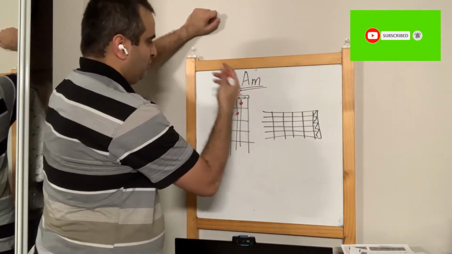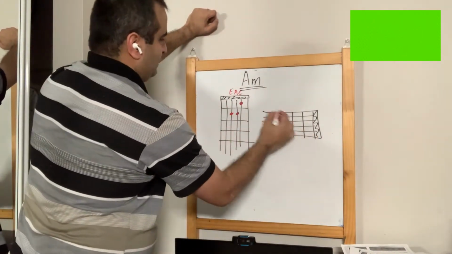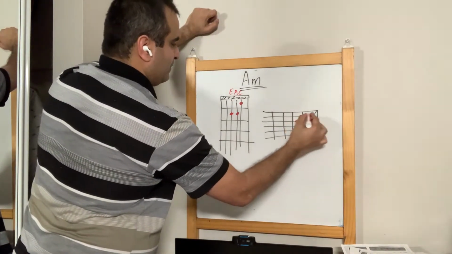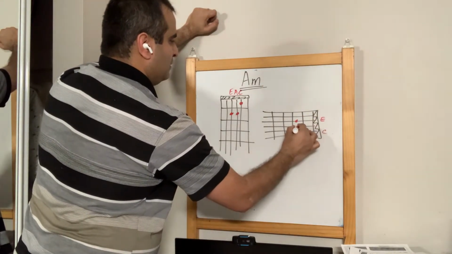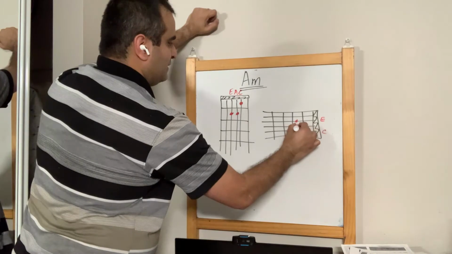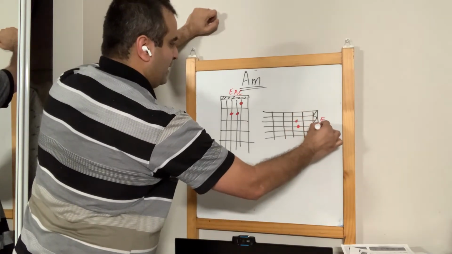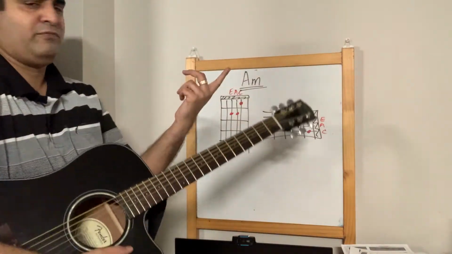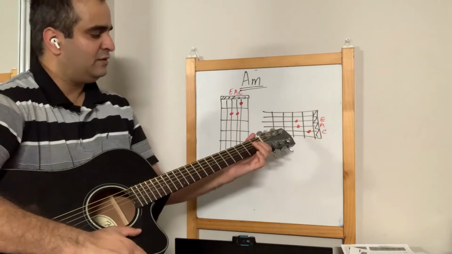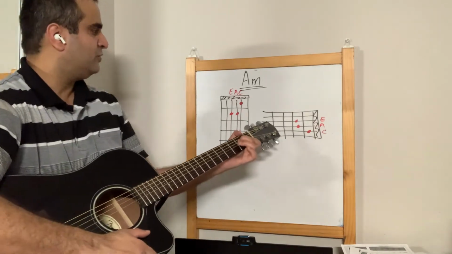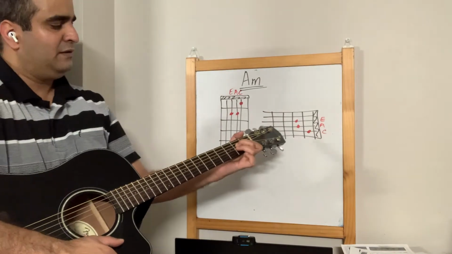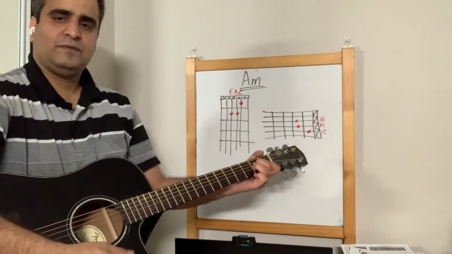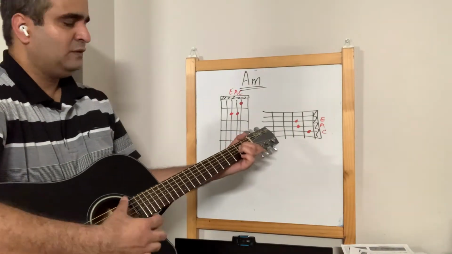So the 3rd note is A. If I have to represent this here, this is C, 4th string 2nd fret is E, 3rd string 2nd fret is A. Okay. And how is the position on the guitar? I'll take my first finger, put it on 2nd string 1st fret, take the middle finger, put it on the 4th string 2nd fret, and the ring finger, put it on 3rd string 2nd fret, and this is my A minor, right?